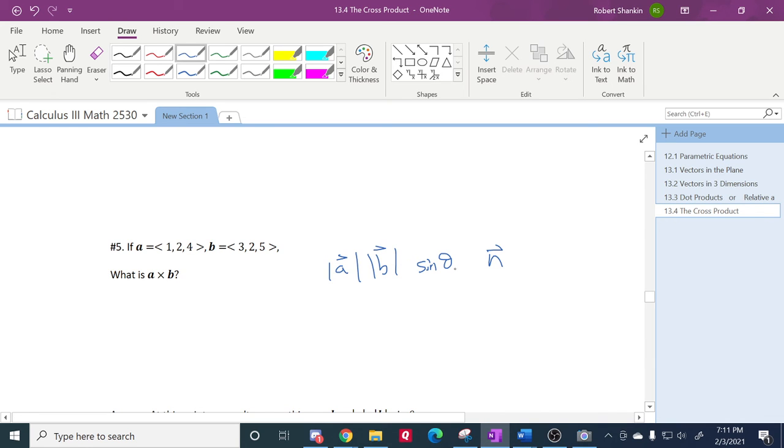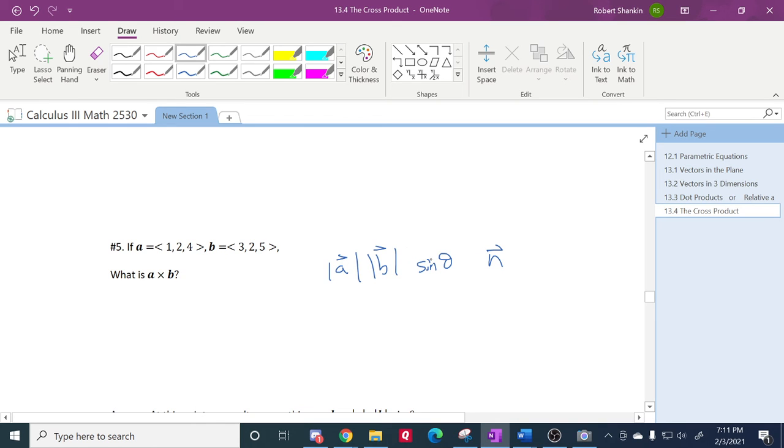Sine of theta would take me a while. I might have to remember the angle between these two. You could figure it out. That was the practice quiz problem number 1 today, with dot products. And you could take a while to figure out what theta is by the inverse cosine.